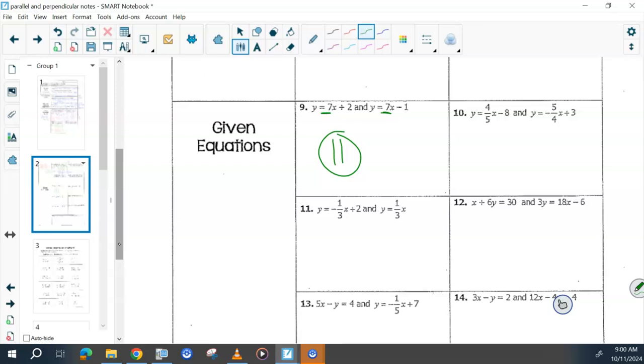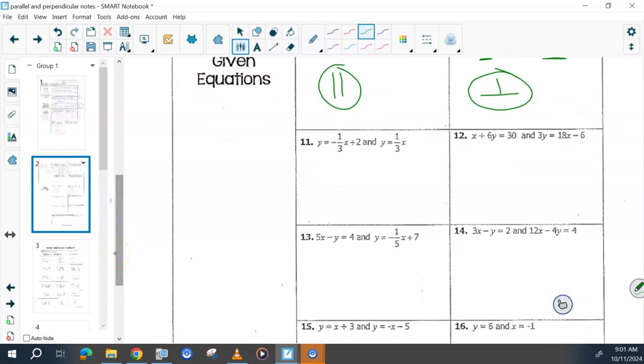Perpendicular. How do we know that? They're negative reciprocals. They're flipped, and one is positive, one is negative. Yes. What about 11? Not parallel. They're neither. Because they look the same, but one is positive, one is negative. So that's a neither case.